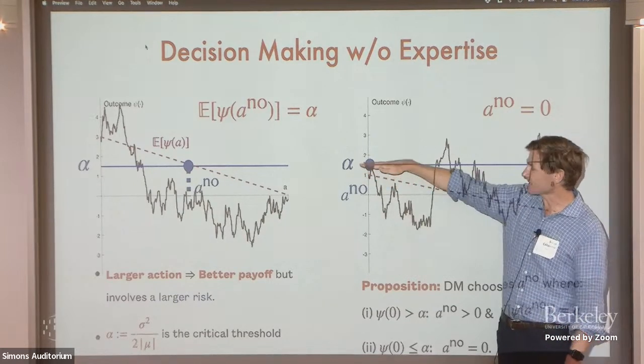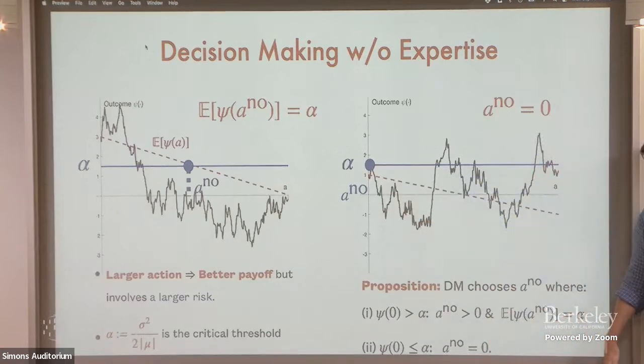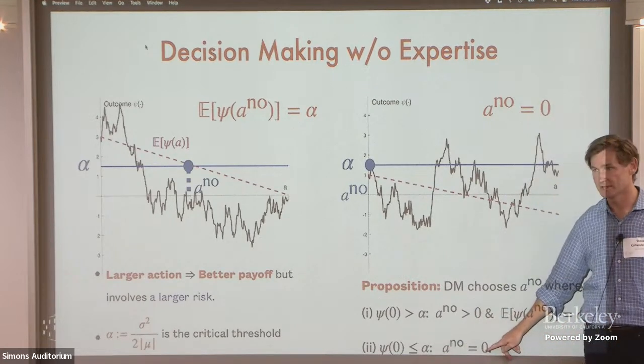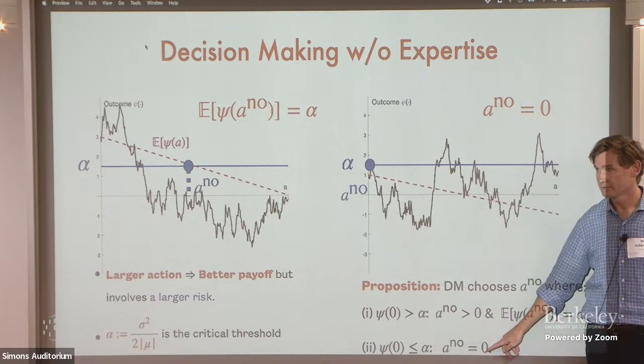So basically this alpha is the key threshold with quadratic utility in this world. It's where the risk-return trade-off transitions. So if there's no expert, the decision maker chooses A_n0, where if the status quo is beyond alpha, he chooses the action that gives expected outcome of alpha. And if it's less than or equal to alpha, he just stays at the status quo. So that's the risk-return trade-off.